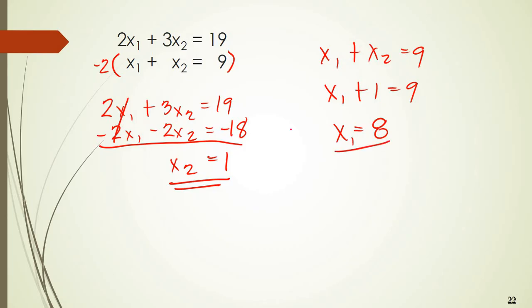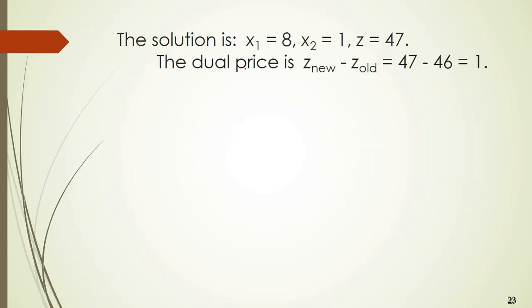Again, using these two values, we'll substitute into our objective function, that is 5 times 8 plus 7 times 1. So 5 times 8 is 40 plus 7. Our max value for this one would be 47. The solution we had is x sub 1 equal to 8, x sub 2 equal to 1, and z is 47.